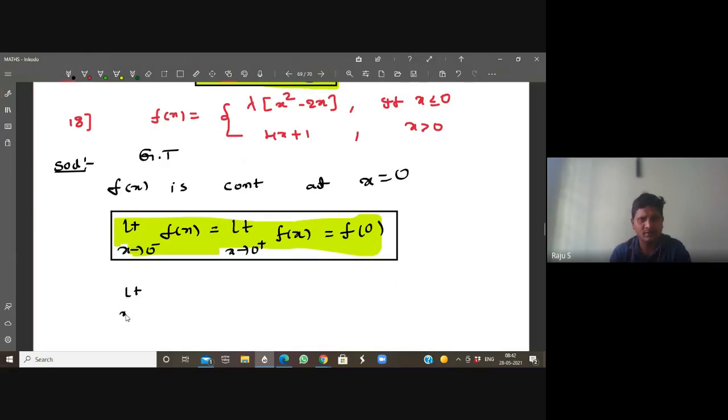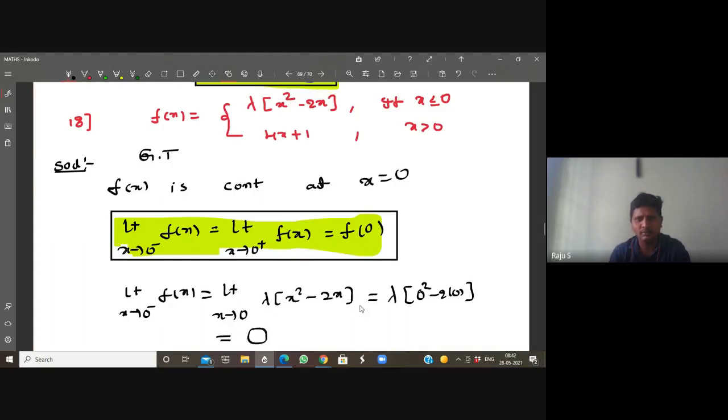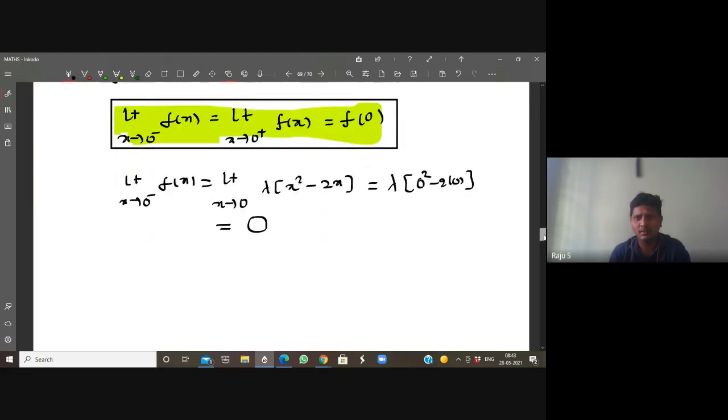Find this value, limit x tends to 0 minus f of x, that is equal to limit x tends to 0 minus, minus means lesser than case. So that is lambda times x square minus 2x. Substitute 0 in place of x, 0 square minus 2 into 0. So that is clearly 0.